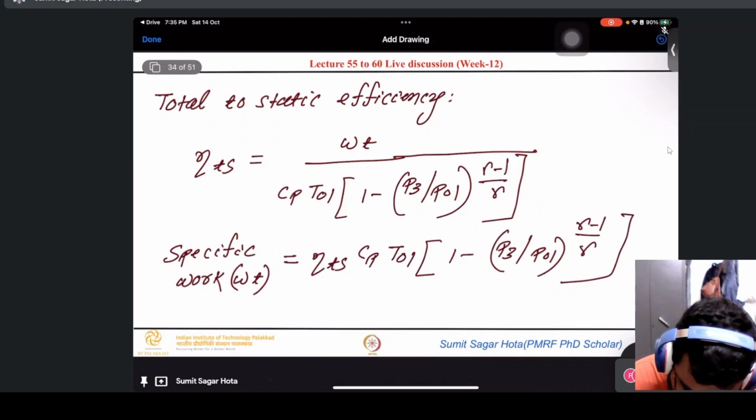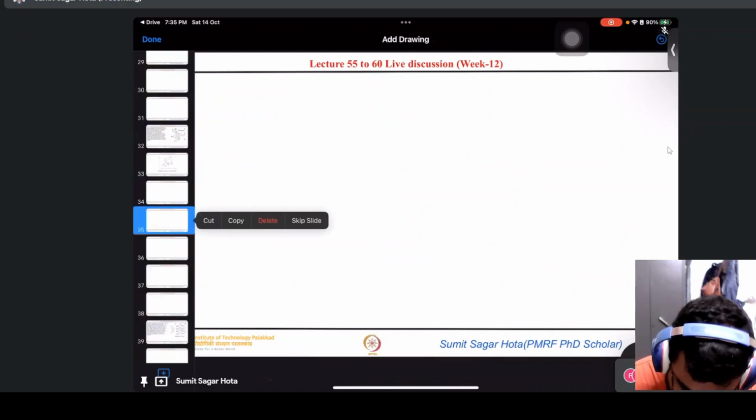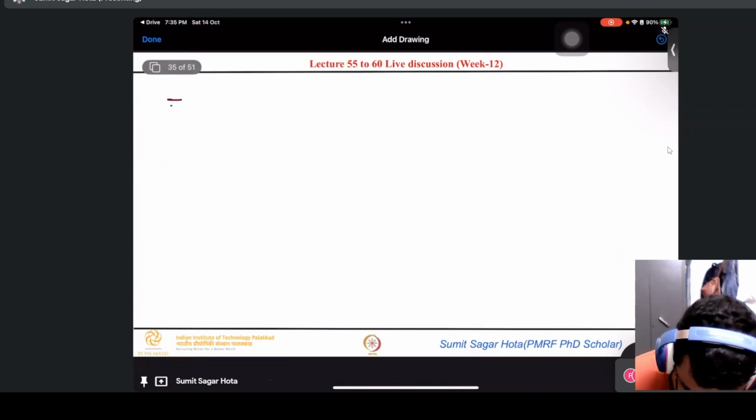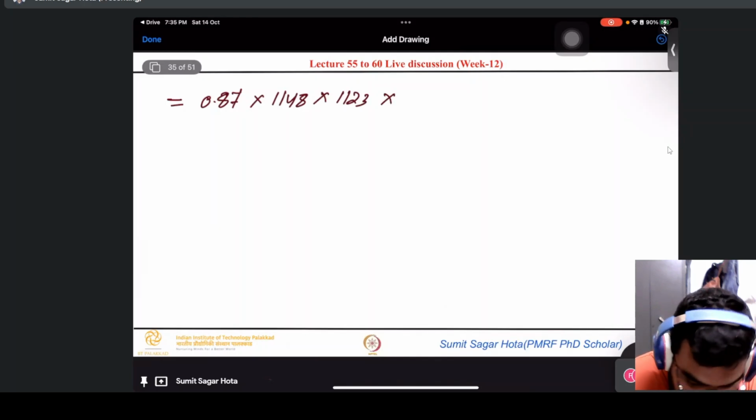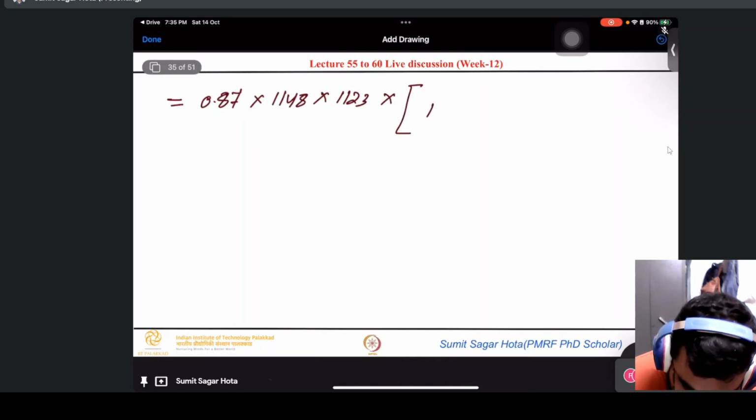If you put all the values here, it's 0.87 into 1148 into 1123 into 1 minus 1 by 3.11.